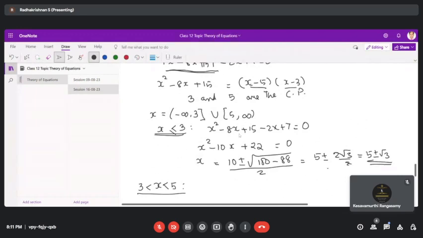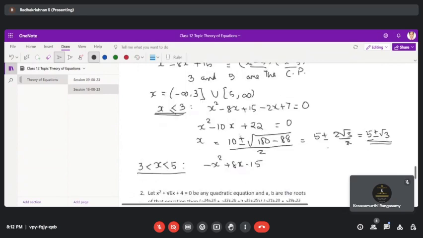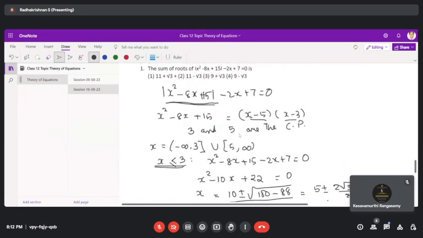Okay, so that means the product will be negative. So since the product is negative, the modulus will be minus of this. So the equation will become minus x square plus 8x minus 15. So instead of modulus, we put like this: minus 2x plus 7.